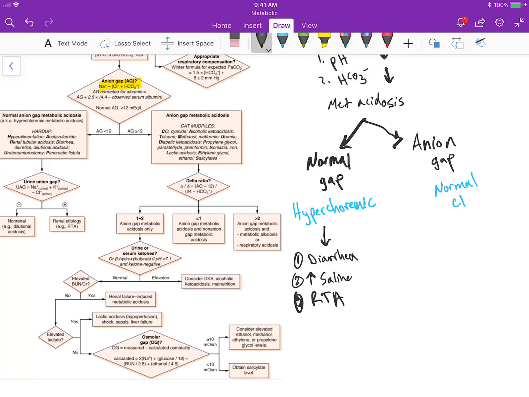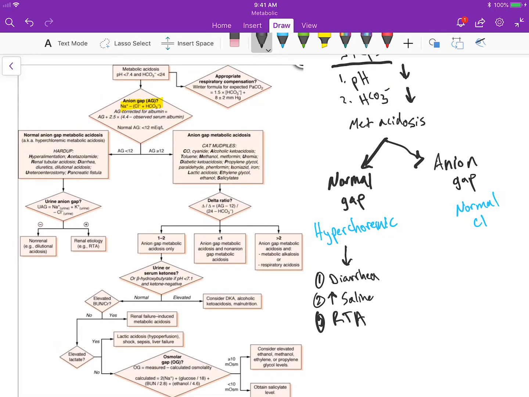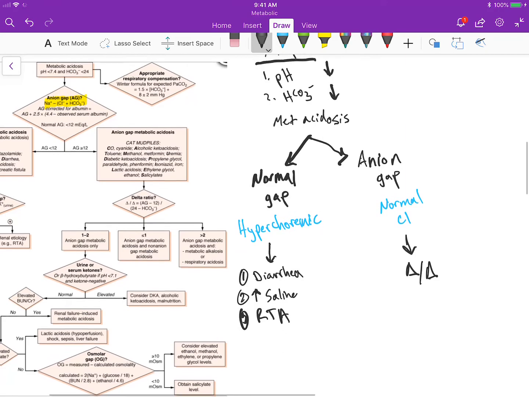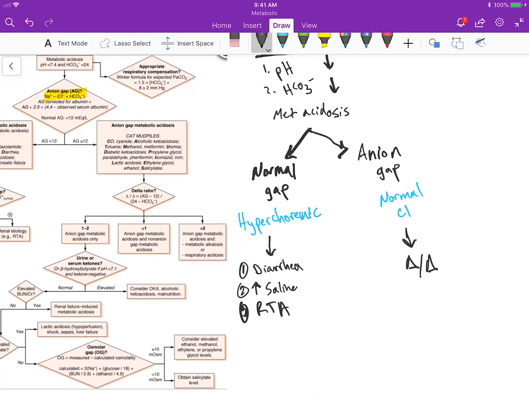If we have an anion gap and a normal chloride, then the question becomes what's causing this? I think I'll cover the delta now, and the concept of the beautiful delta. You have to understand that by definition, metabolic acidosis is a decrease in bicarb.